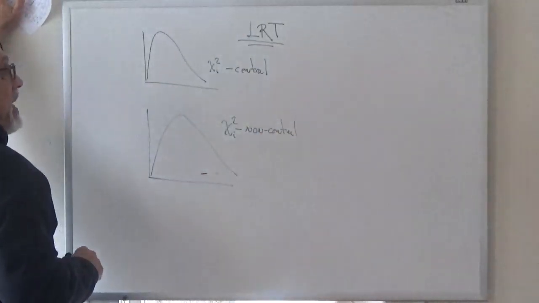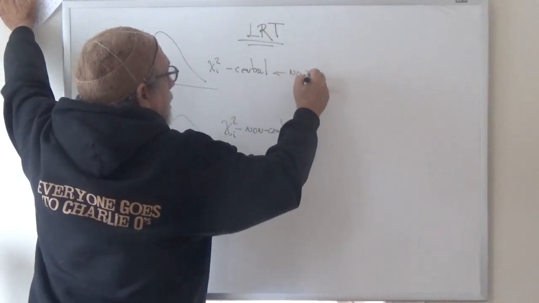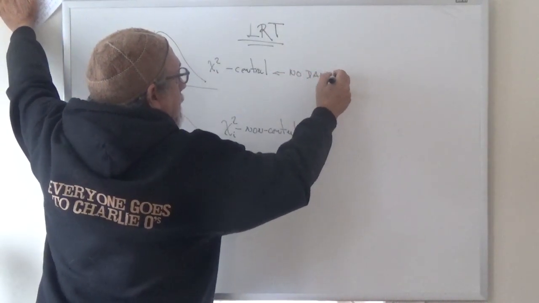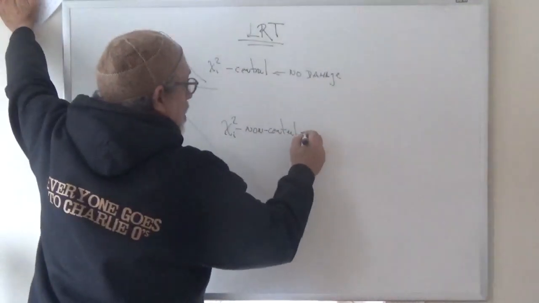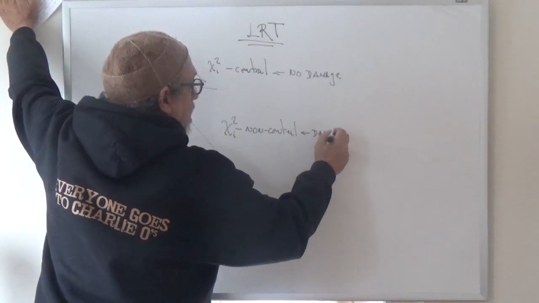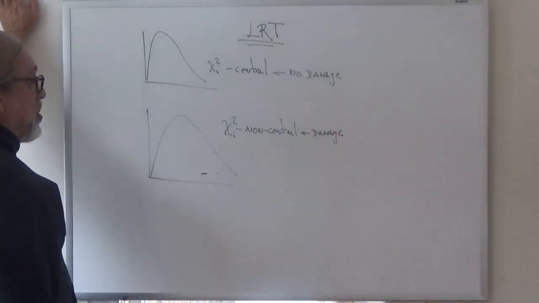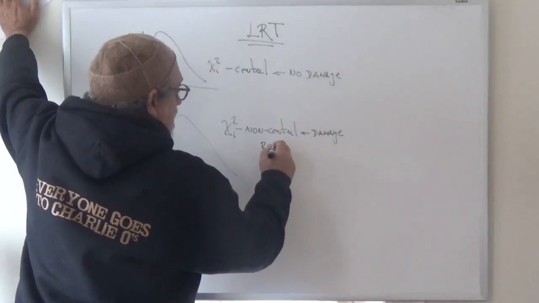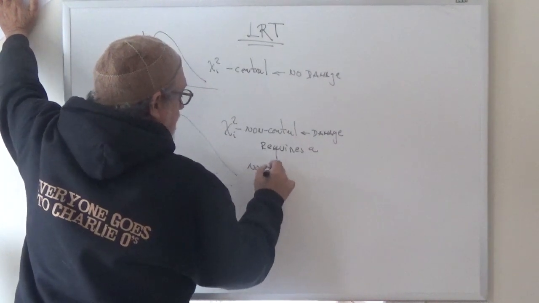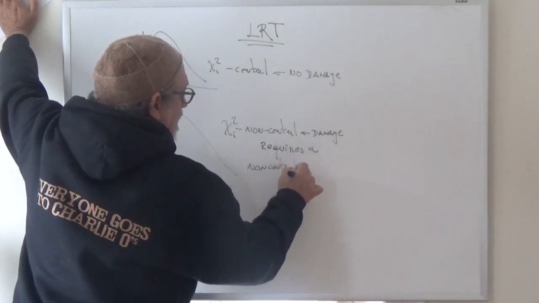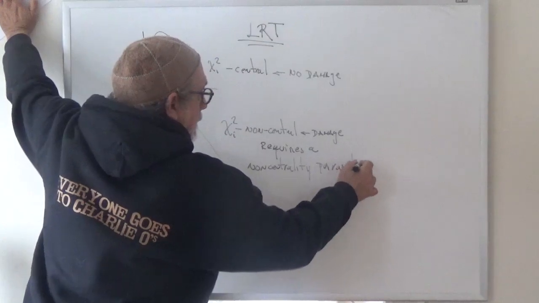We associate the chi-square distribution that is central with no damage, and we associate the chi-square non-central with damage. Now, the chi-square distribution that is non-central requires a non-centrality parameter, lambda.